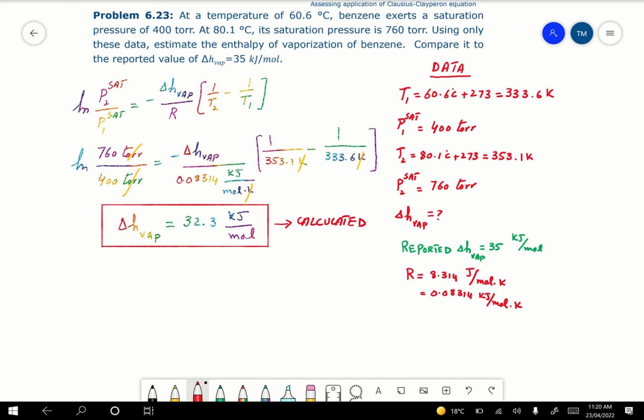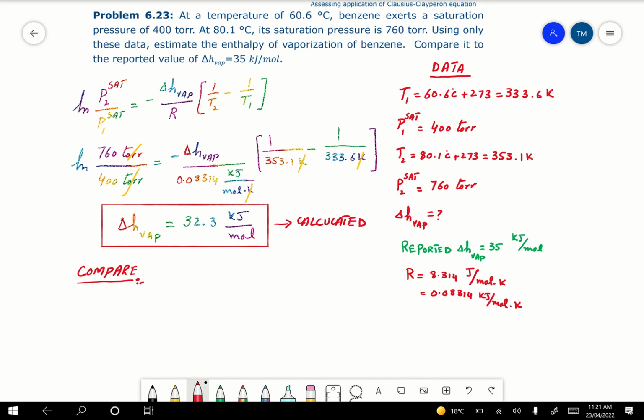So you got your calculated value is 32.3 and the reported value is 35. You can compare. Now comparison. So we are comparing here.